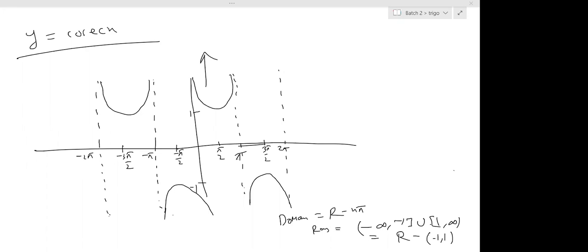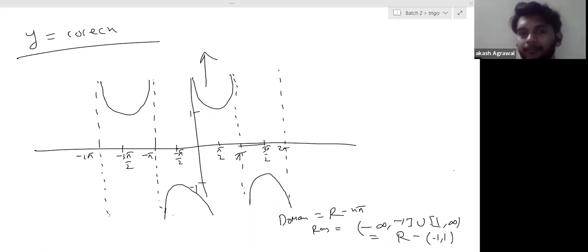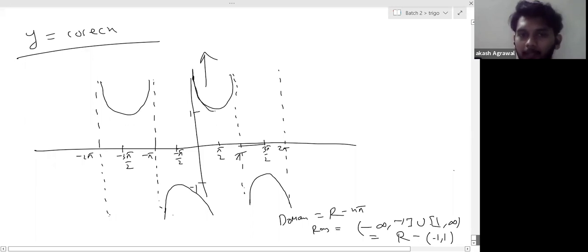Sir, can you explain the range? All right, I told you, when looking at the range, look at the y-axis. All right, which part of the y-axis is covered? So the graph starts from here. So this is infinite. From infinite it comes down and stops at 1. It doesn't go below 1.